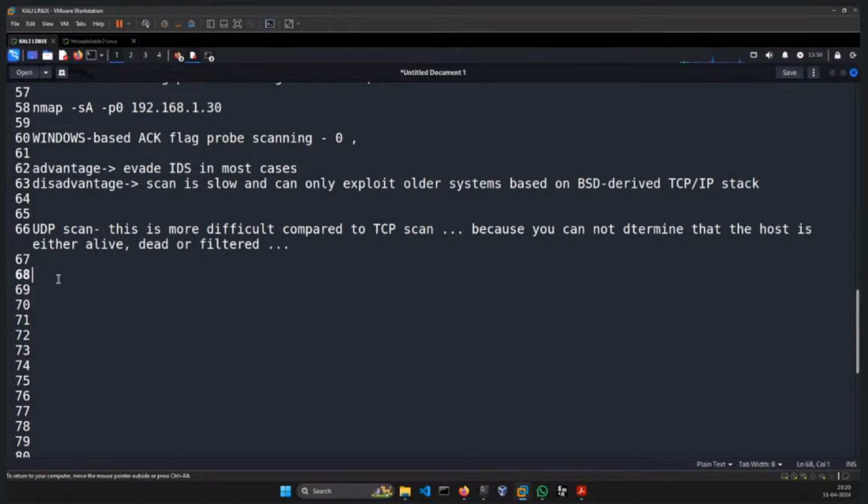Now, if you send a UDP packet to a port without an application bound to it, then the IP stack will return an ICMP port unreachable packet, right? The closed ports return an ICMP error, while the ports that didn't answer are either open or filtered.